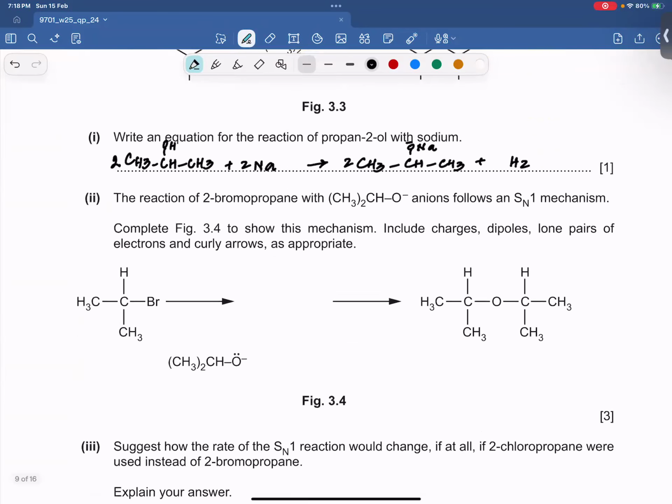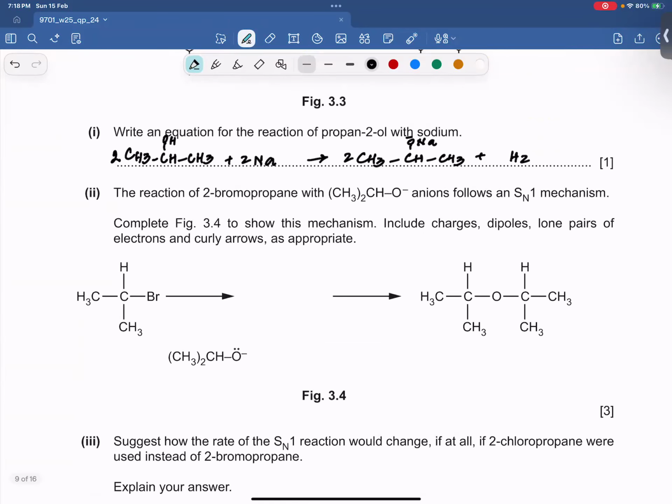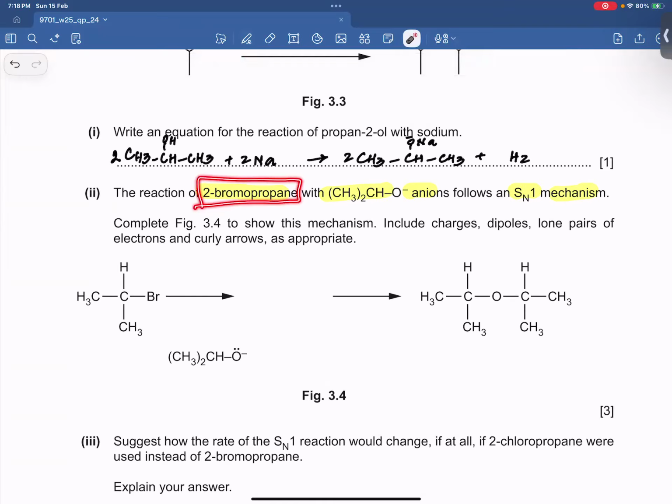Or even you can write in 1 for 1 mole also. That's also acceptable, okay? The reaction of 2-bromopropane with this anion follows SN1 mechanism. See, I've told you that secondary alcohol undergoes both SN1 and SN2, and examiner has given you clear instruction that you need to follow SN1 mechanism. And in SN1 mechanism, reaction takes place in 2 steps. So in the first step, carbocation is formed.